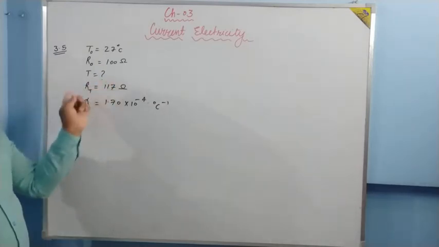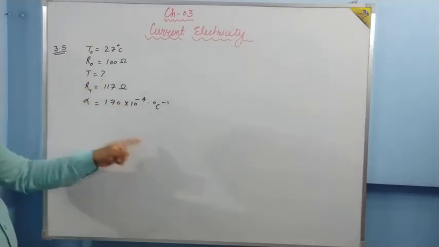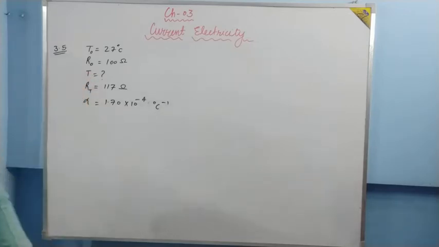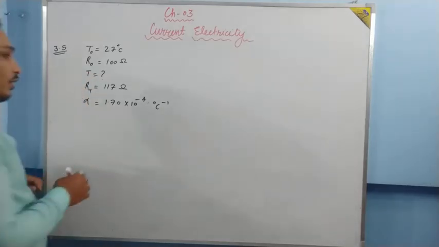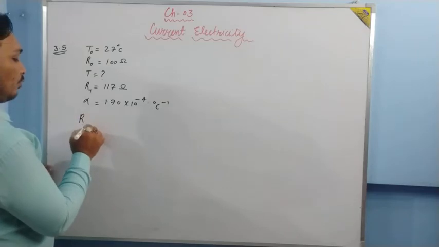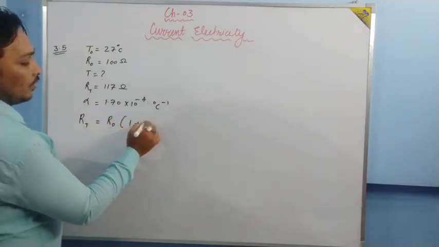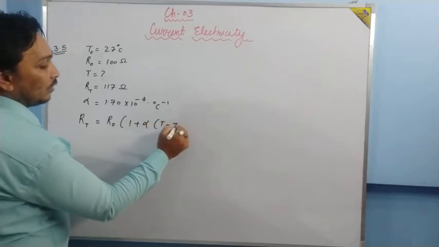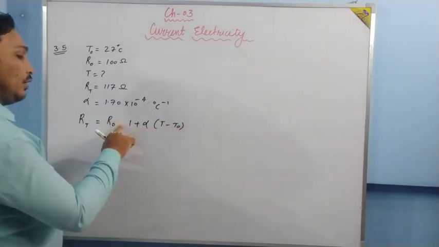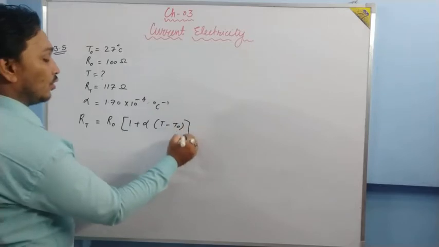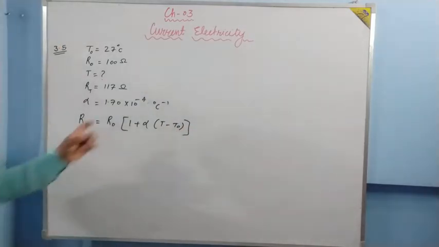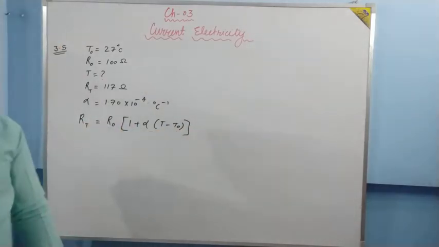At some temperature resistance is given. Alpha is given. You have to find that T. What formula we are going to apply? We are going to apply R at temperature T is equal to R0 into 1 plus alpha into T minus T0. Okay. So this is the formula. From this formula you need to get the value of T.